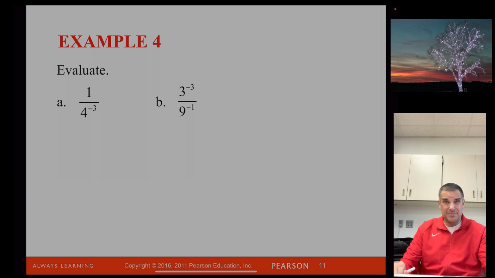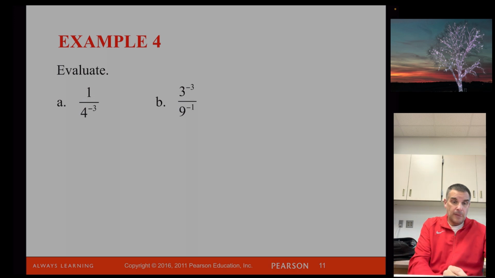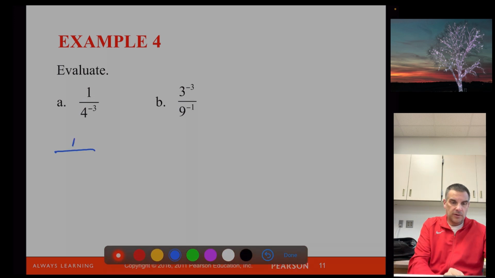Okay, so what happens if we've got something like 1 over 4 to the negative third? What happens if that negative number is in the denominator? Well, here's the neat thing. If you have 1 over a to the negative n, and they might do this later, I don't remember, that's the same thing as a to the n.